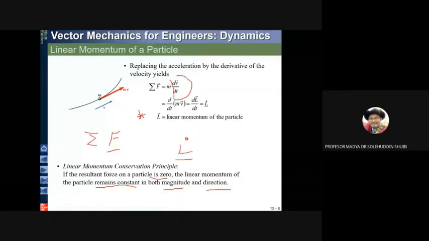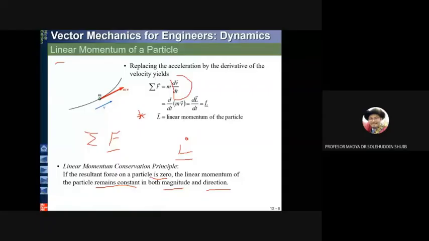So the importance of this slide is that I introduce you to the concept of linear momentum of a particle, and then we talk about the rate of change of linear momentum.